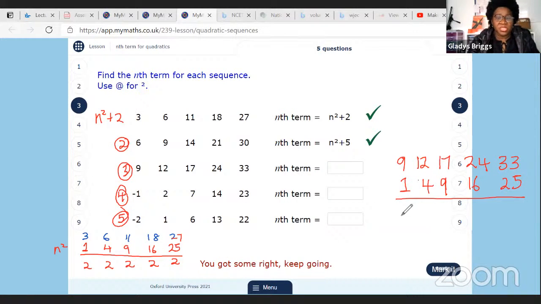This is 8, and this is 8, and this is 8, 8, 8. So it's n squared plus 8. Let's try that. Yep, well done to those of you who got it right.